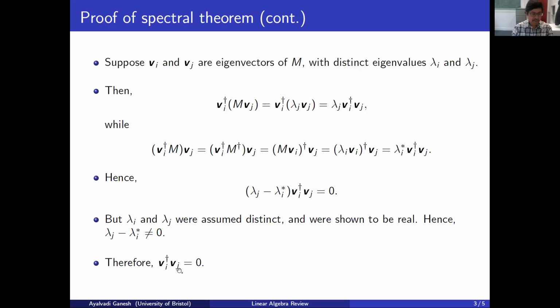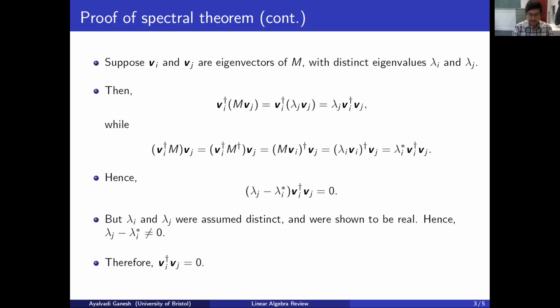That's the definition of Vi being orthogonal to Vj, because this is the inner product of Vi and Vj. So we've shown the second statement in the spectral theorem, which is that eigenvectors corresponding to distinct eigenvalues are orthogonal.